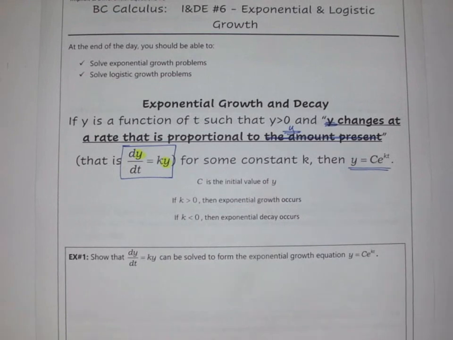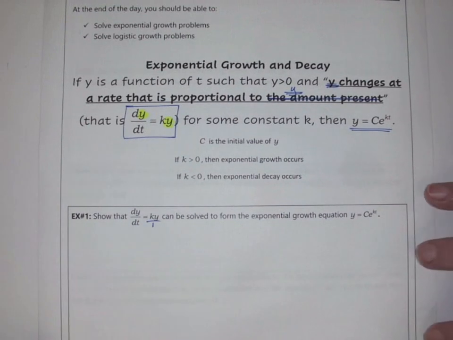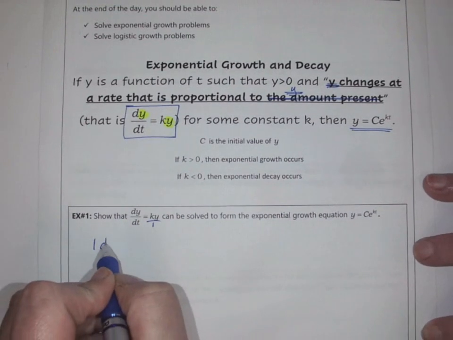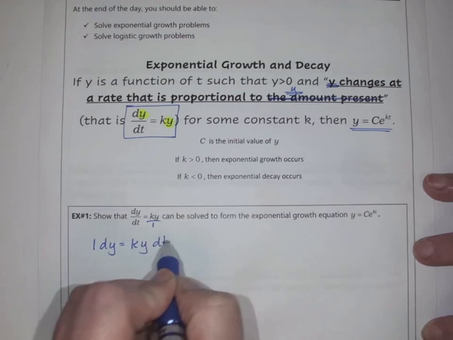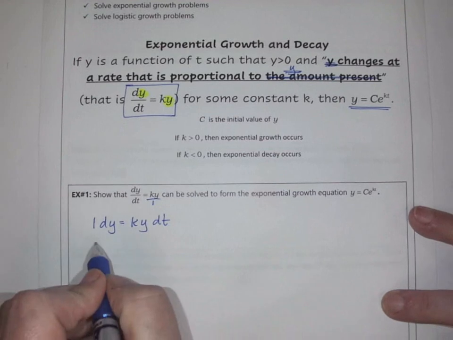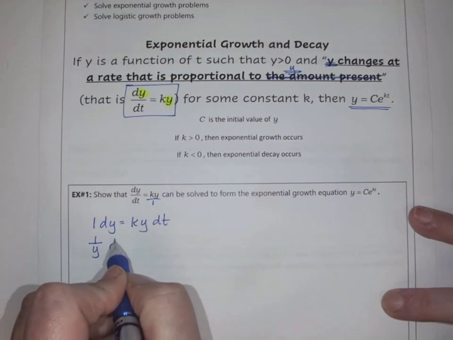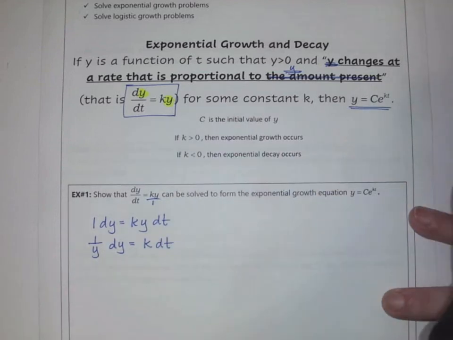So the first thing that we're going to do is solve the equation dy/dt equals ky. I am going to set that over 1, so that would be 1 dy is equal to ky times dt. Now I need to separate, so I'm going to have to move my y over. So 1 over y dy is equal to k dt.